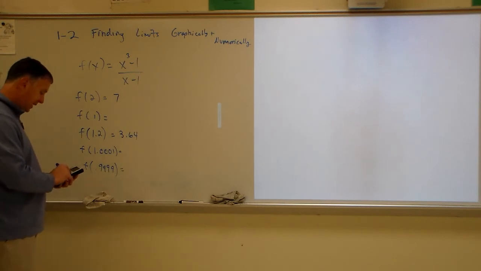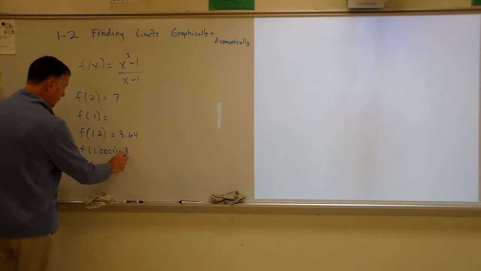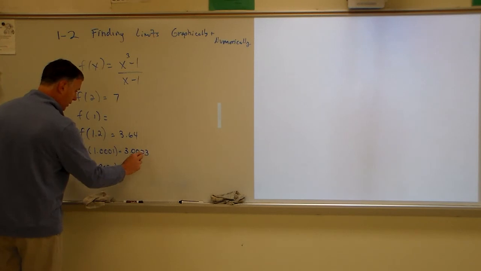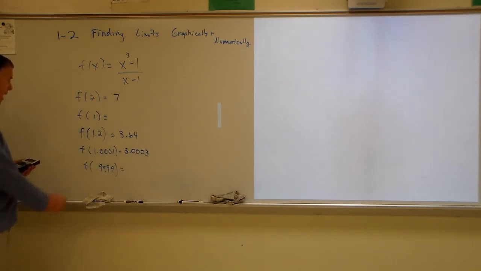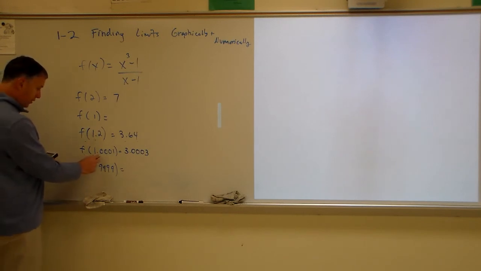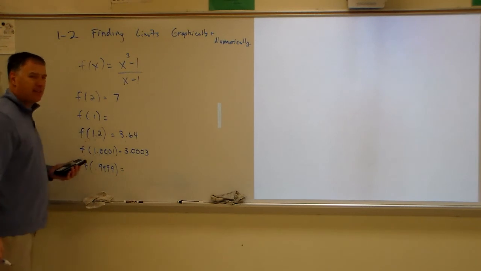So I'm going to hit second calc value 1.0001, and I get 3.0003. So at 1.2 it was 3.64. At 1.0001 it was 3.0003.